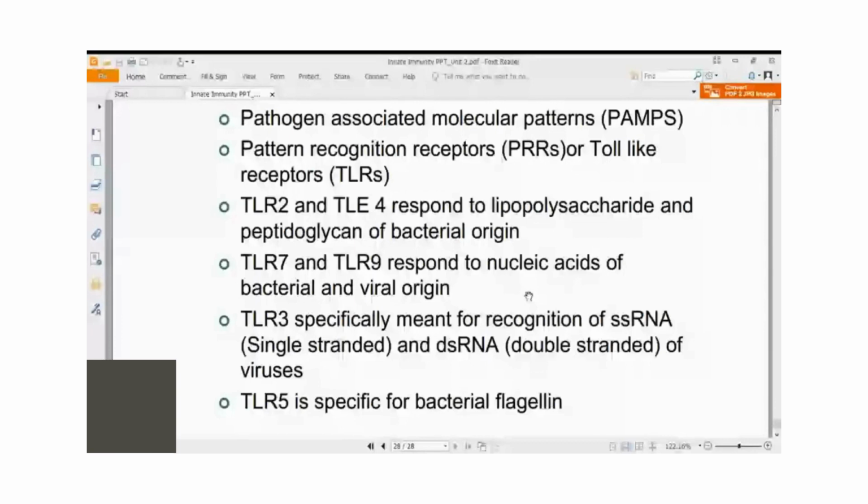Therefore, whenever an individual is going to be treated against any pathogenic infection, it has to be individual specific treatment based on the individual's response. You cannot generalize, but generally what is practiced?